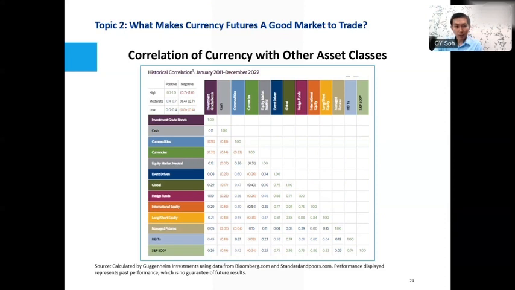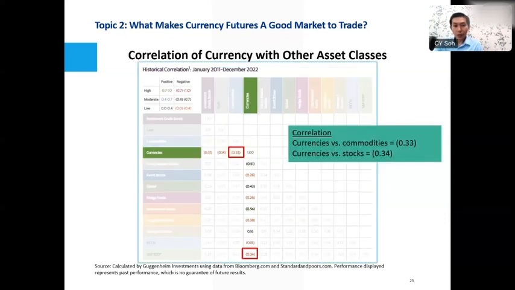Now let's have a closer look at how currency helps you diversify your portfolio. I am going to highlight two things. It might look small, but don't worry, I have highlighted these two in red squares and put them in text format.